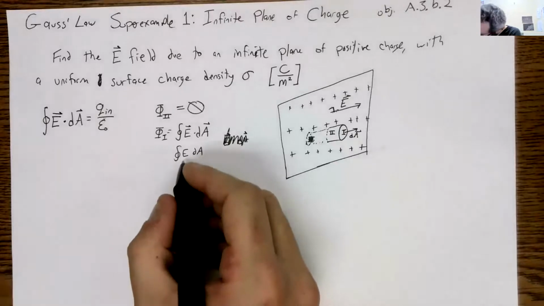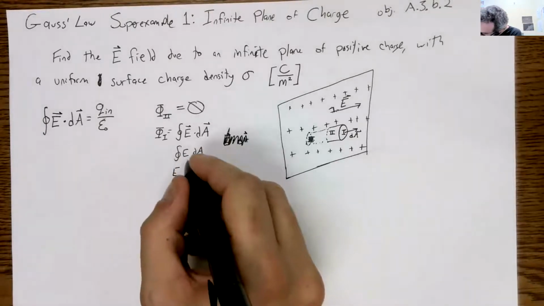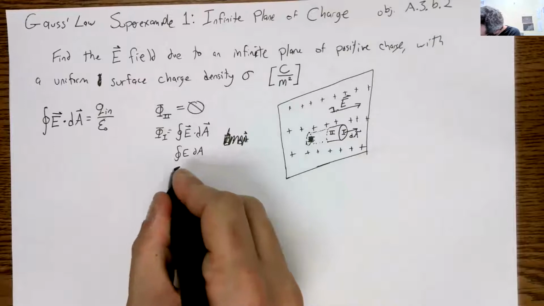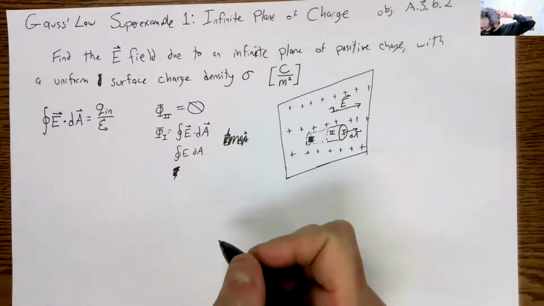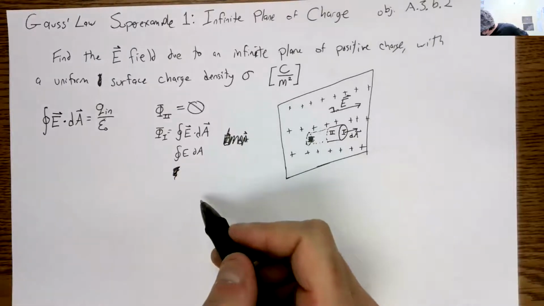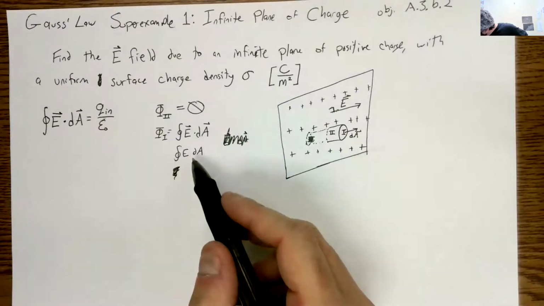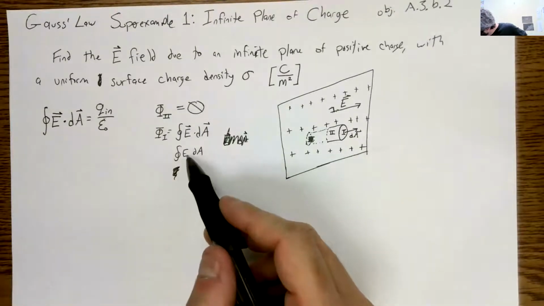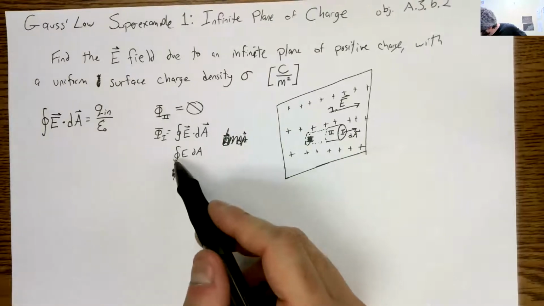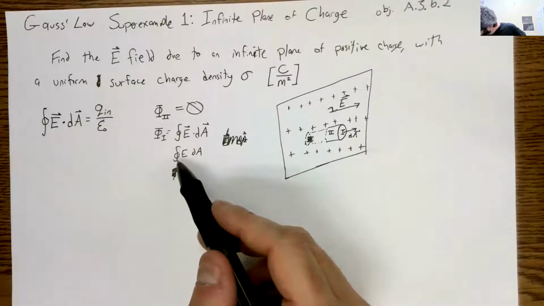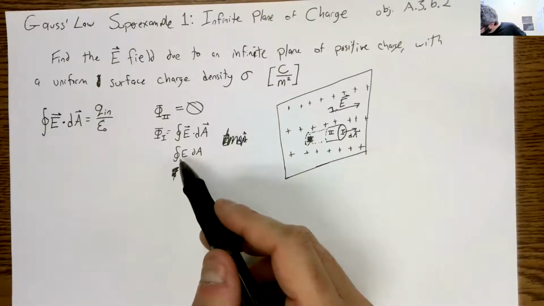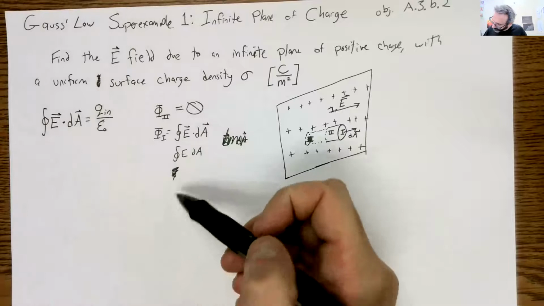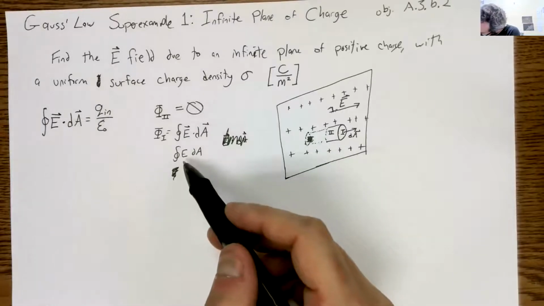So that means in our integral, we can take the electric field out. I want to see if I can explain why we can take the electric field right out here, because the answer we're coming up with is that the electric field is going to be uniform, but I don't want to pull that out.